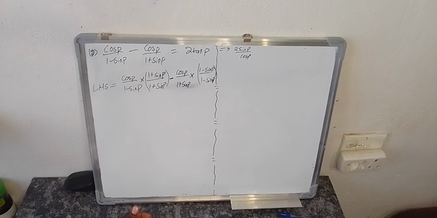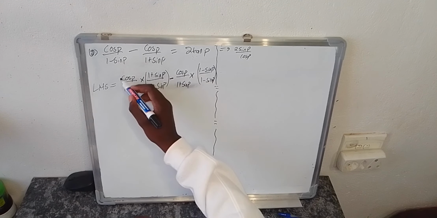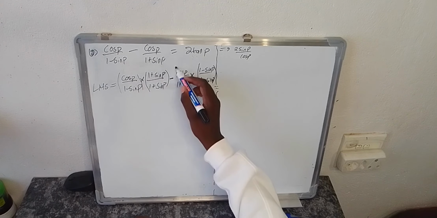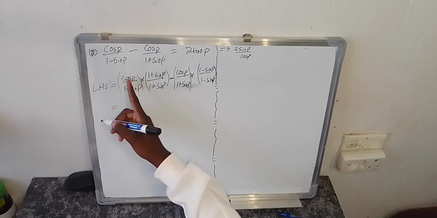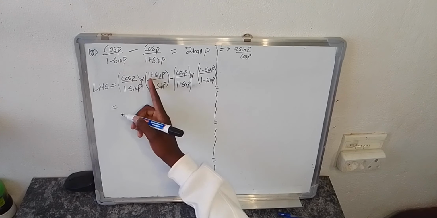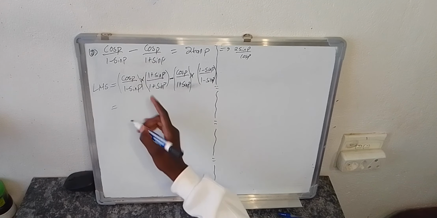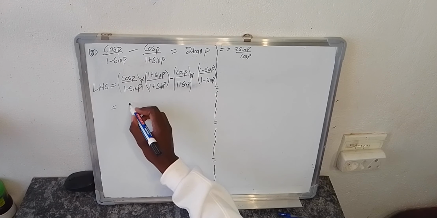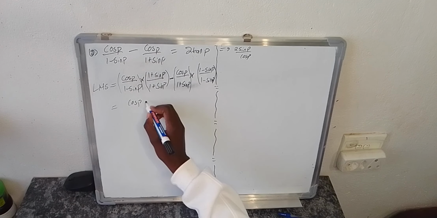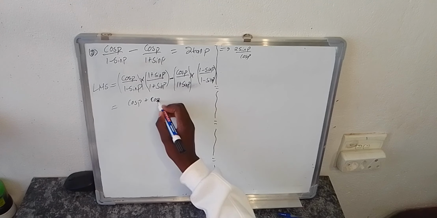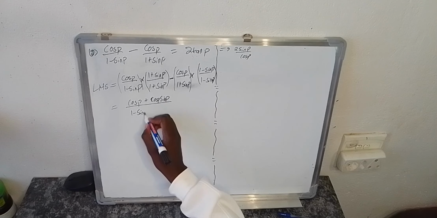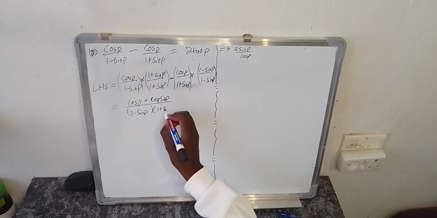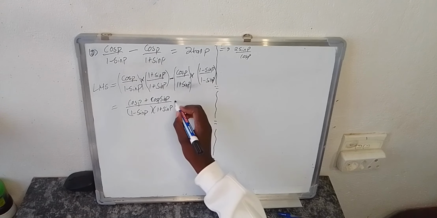Then from there we do what? We eliminate what? The bracket. So how are we going to do that? We are going to take this cos p and multiply each and every term that is in the second bracket. So we are going to be left with cos p plus cos p sine p, all divided by what? 1 minus sine p, 1 plus sine p, then minus.